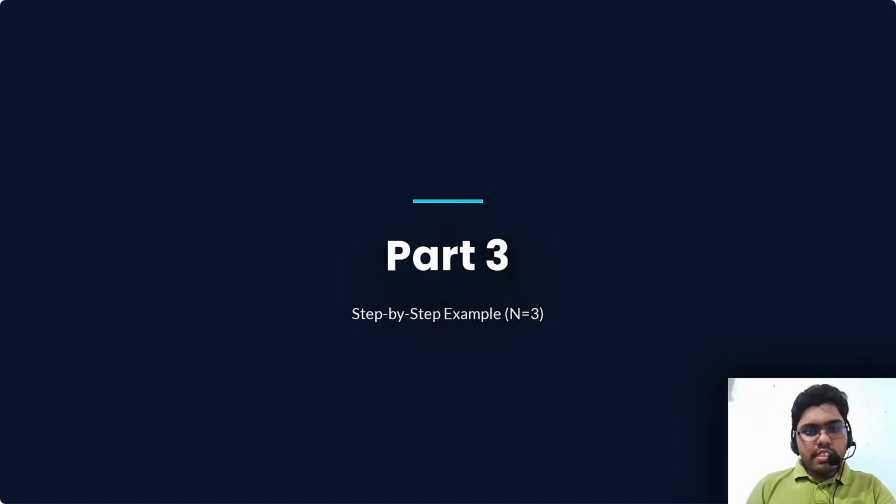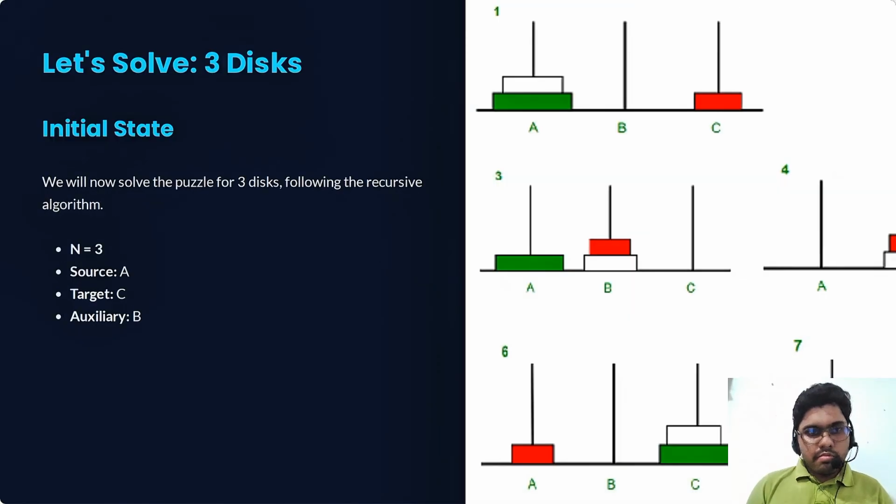Part 3. Step by step example. I know that can sound a bit abstract, so let's make it concrete. Let's solve the puzzle for 3 disks, following our algorithm exactly.